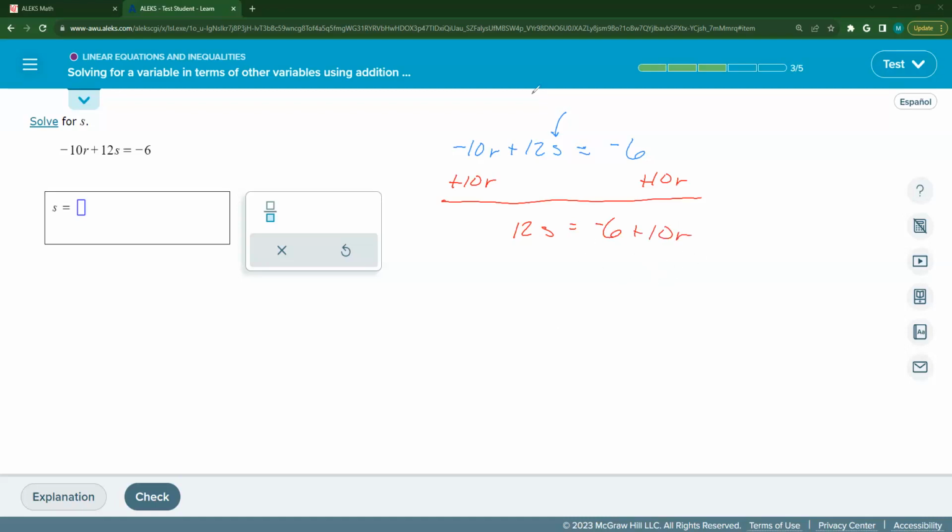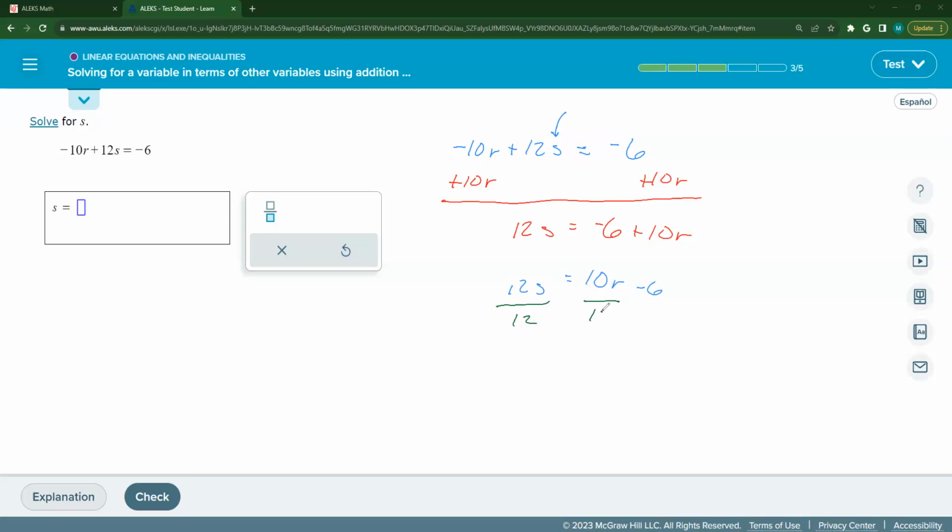This is the same thing as saying 12s equals 10r minus 6. I can change things around because it's adding or subtracting. Minus 6, and it will accept all of these things. I'm going to divide by 12.